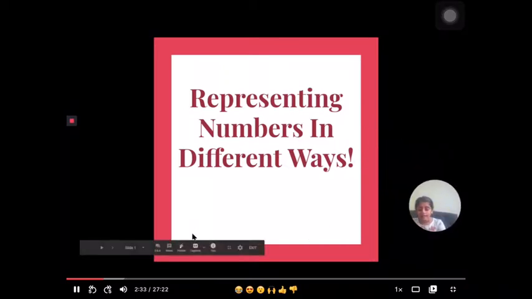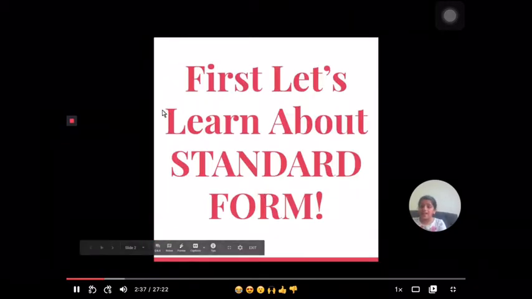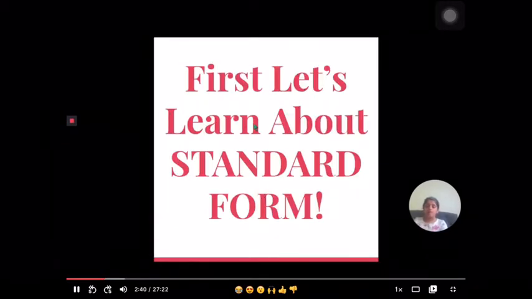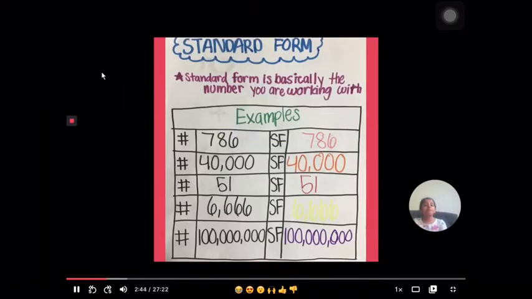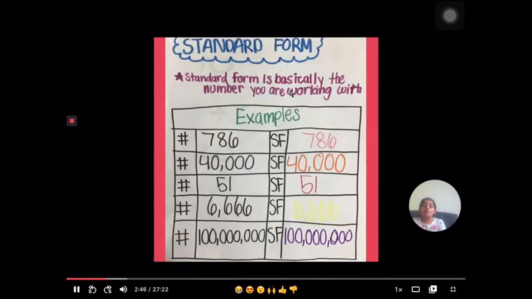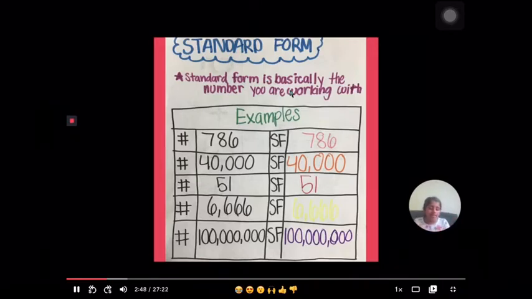Let's get started with the standard form. Standard form is basically the number you are working with. To explain further, let's say you have a number written as 66.